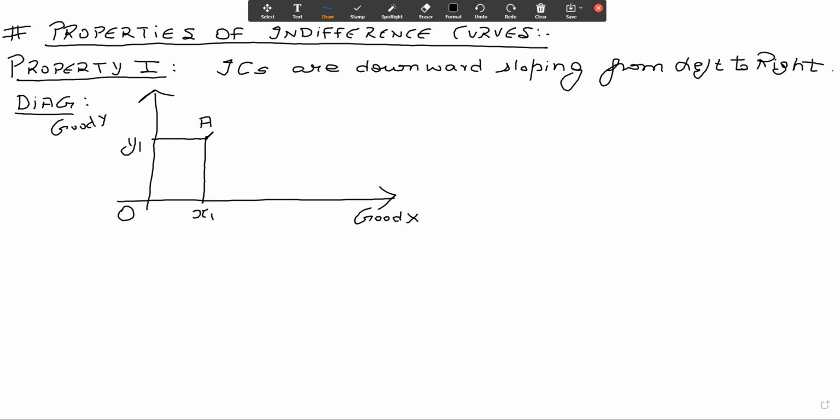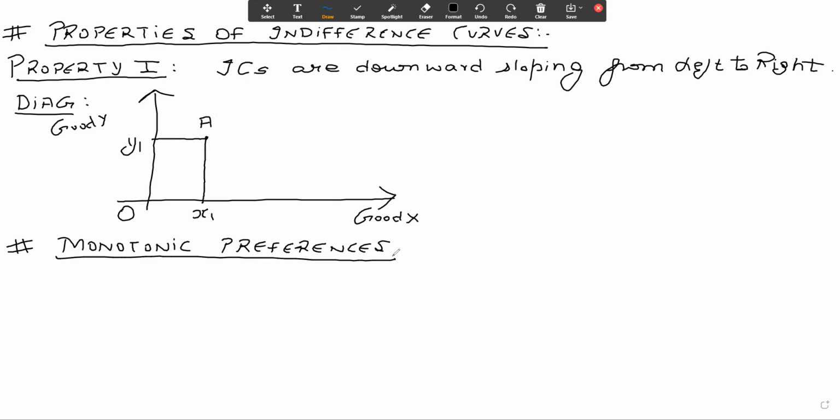Now, all students from high school economics should be familiar with monotonic preferences. Recall the concept of monotonic preferences. Monotonic preferences simply means that more is preferred to less.